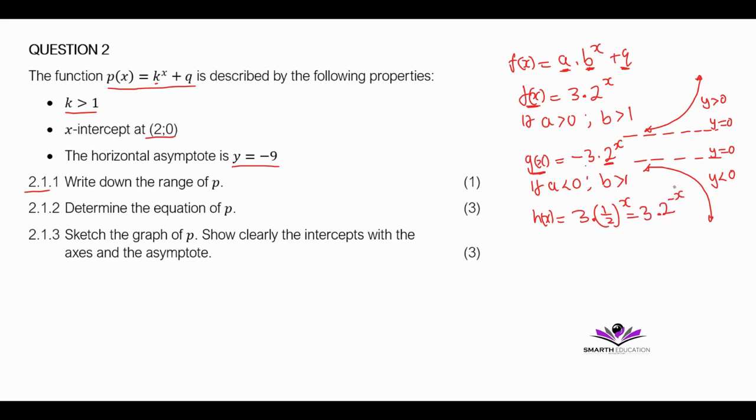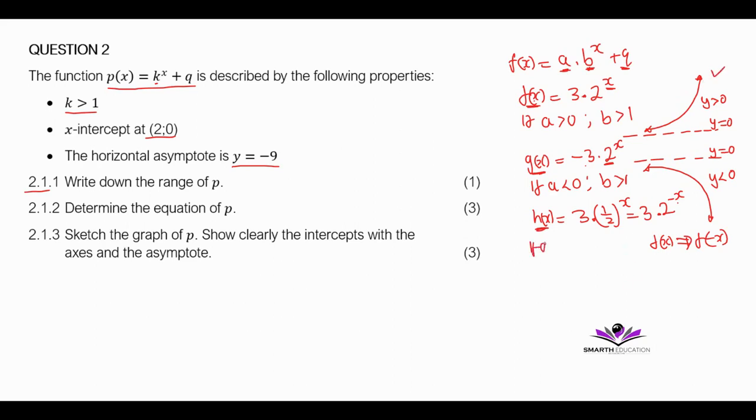So now we have replaced x in f of x by -x. If f of x becomes f of -x, what type of reflection is that? That's reflection about the y-axis. So h of x is a reflection of f of x about the y-axis.